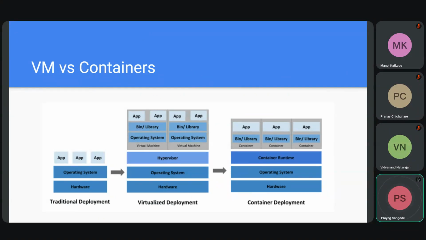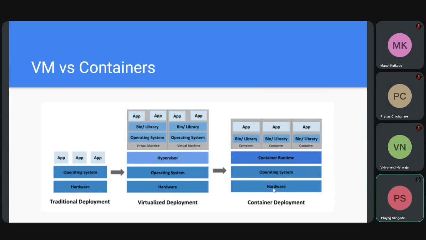So whatever we just saw is the same thing given here. There is hardware, an operating system, and on the operating system we have applications. In a virtualized environment, instead of a single operating system, due to virtualization we create multiple virtual machines. There we have an operating system, some binaries and libraries, that is dependencies, and on top of that we create the applications.